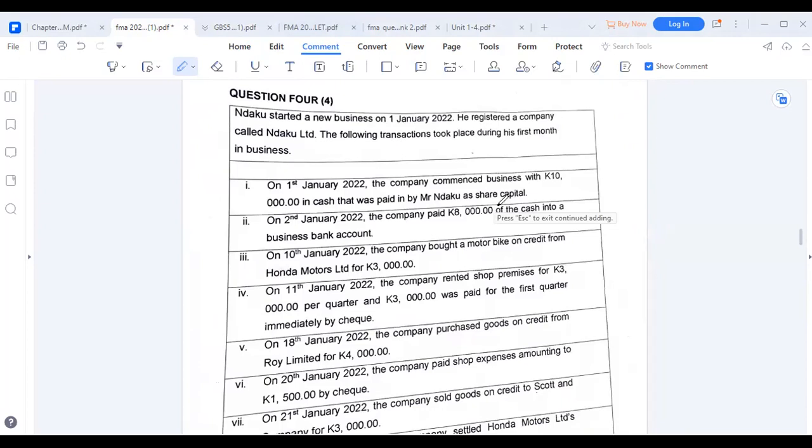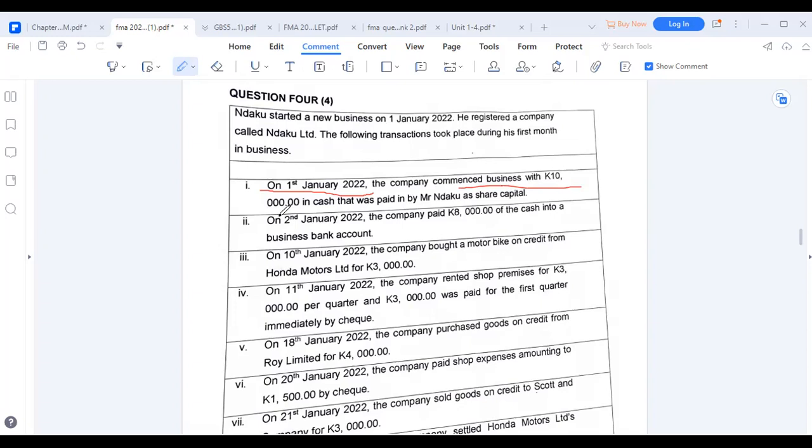Then we need to analyze and make sure that everything else is in order. So we have to make sure we do a double entry system. On 1st January 2022, the company commenced business with 10,000 kwacha in cash, paid in by Mr. Ndaku as share capital.